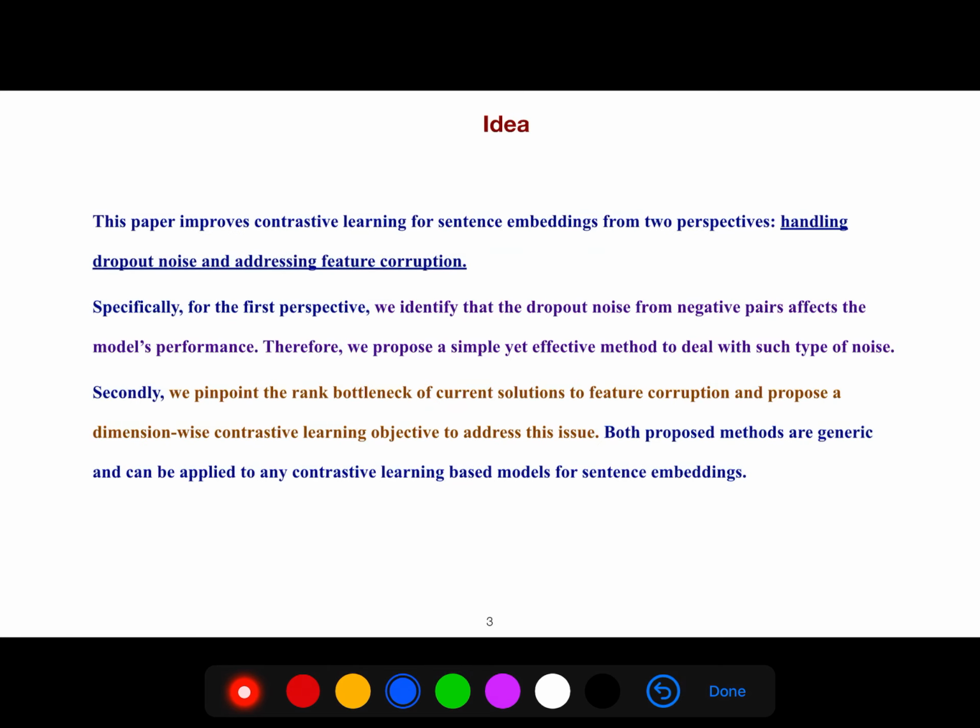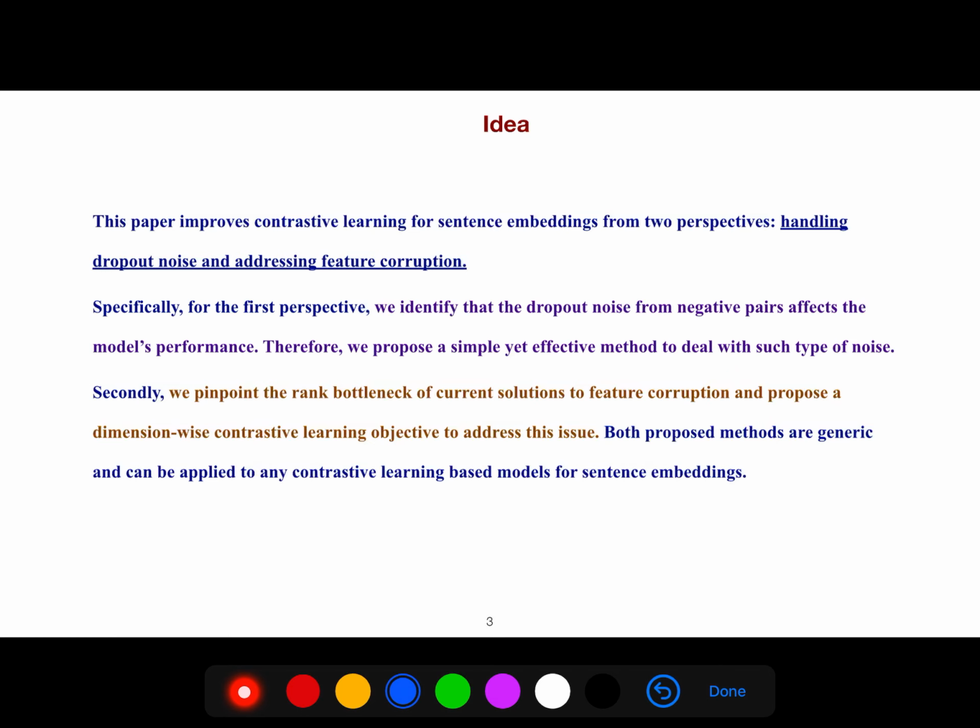This paper improves contrastive learning for sentence embeddings from two perspectives, handling dropout noise and addressing feature corruption. Specifically for the first perspective, we identified that the dropout noise from negative pairs affects the model's performance. Therefore, we propose a simple yet effective method to deal with such type of noise.